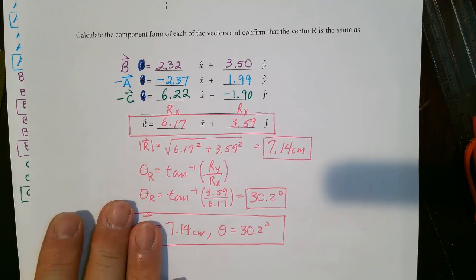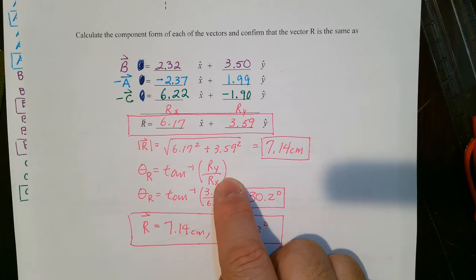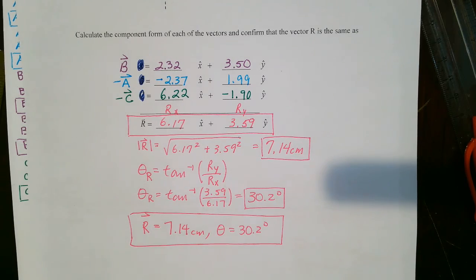It would always be ry over rx, for beta too, even for beta.